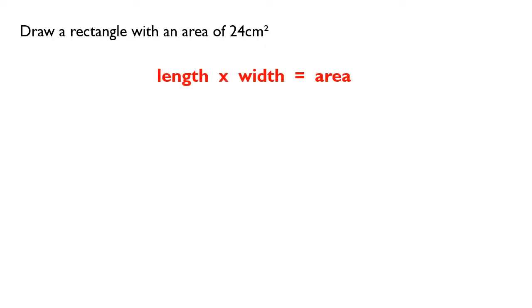So your instruction on today's worksheet might be something like draw a rectangle with an area of 24 centimetres squared. I've just flipped this formula around so that we know it would be length multiplied by width equals area. So what we're looking for is a number multiplied by a number equals 24 centimetres squared.